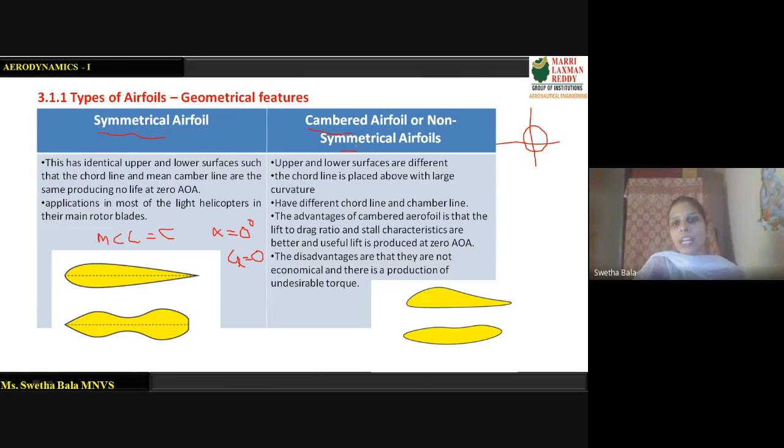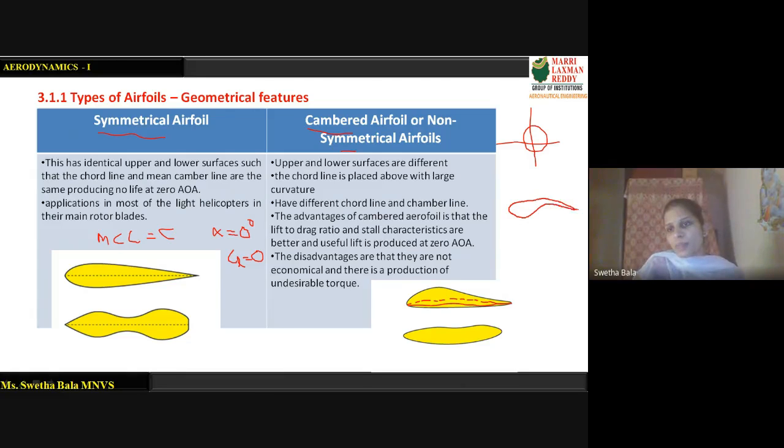Next one is cambered airfoil or non-symmetrical airfoils. Here I am having the upper and lower surfaces different. If I draw the chord line and I also have the mean camber line, it is dividing. So here, for this camber line, I have two types of cambered airfoils.